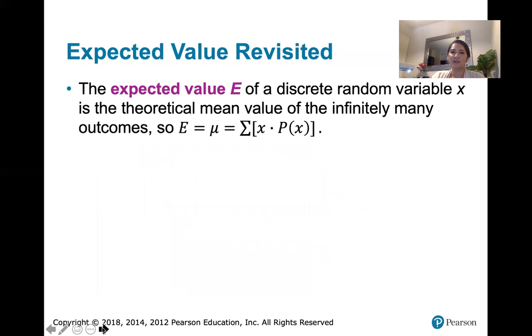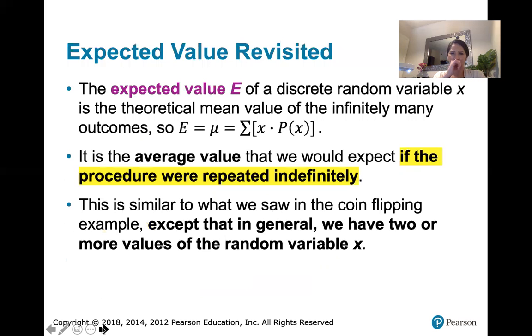Now, when you look at expected value, it's using that same idea. The only difference is that in general, you don't have just 2 possibilities, heads or tails, or 0 heads or 1 head. You might have 2 or more values for that random variable x.